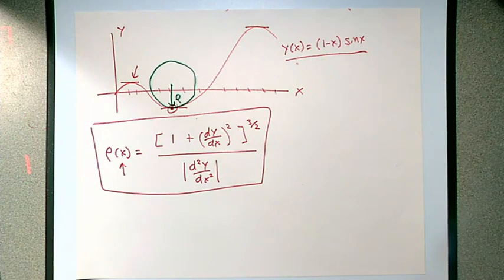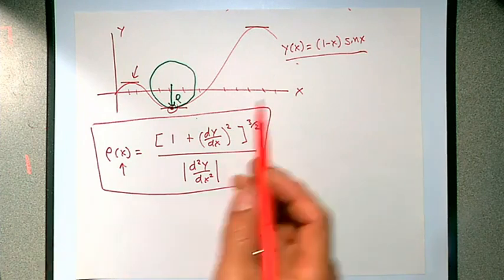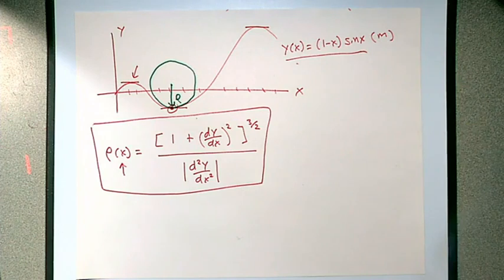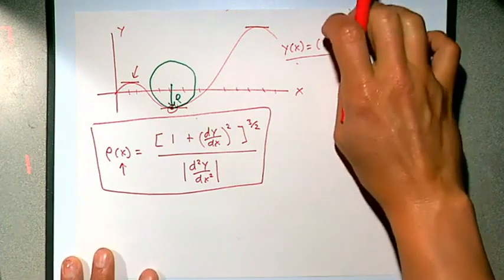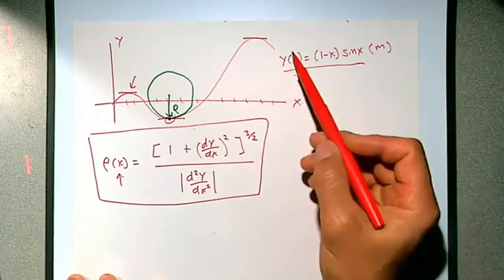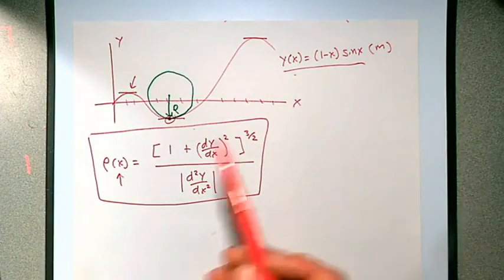I've got a lot of things written on my paper, but I think the answer is 0.45 meters, assuming that this function was given to us in meters. So what have we done here? If we can define a function, x as a function of y, we can figure out how curvy it is at any point.